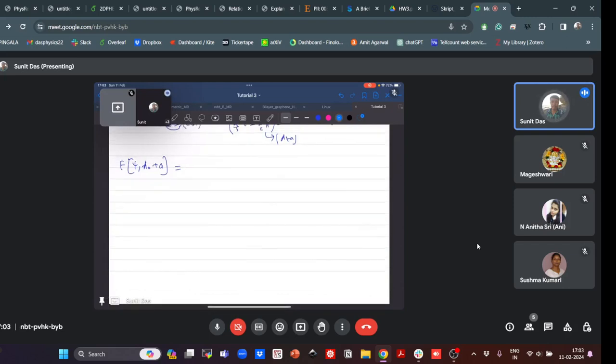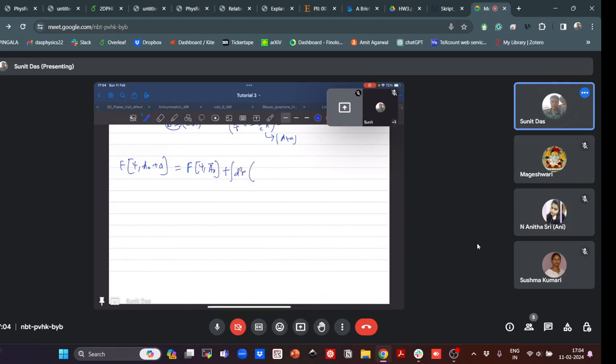So then what you will get is the free energy functional of psi and A0, plus you will have a term, d cube r, minus q by c A0 psi, multiplied by minus q by c A psi. All these are basically vectors.